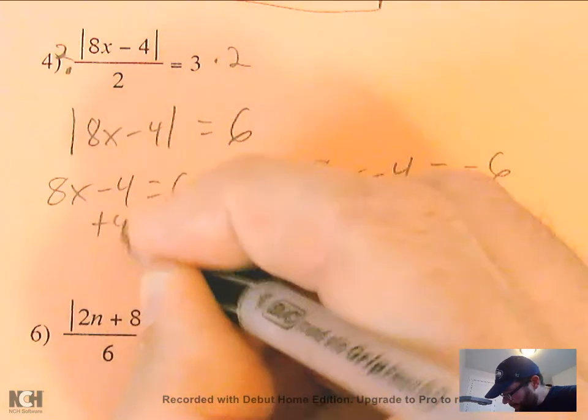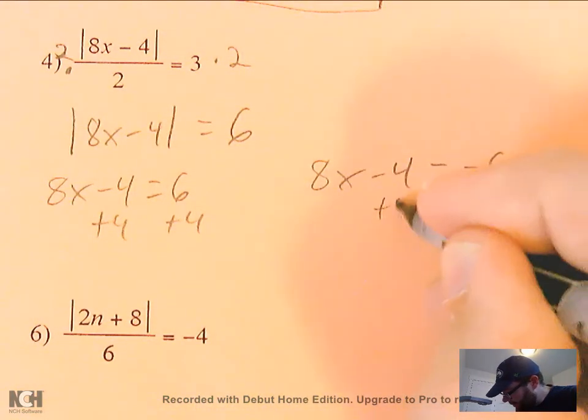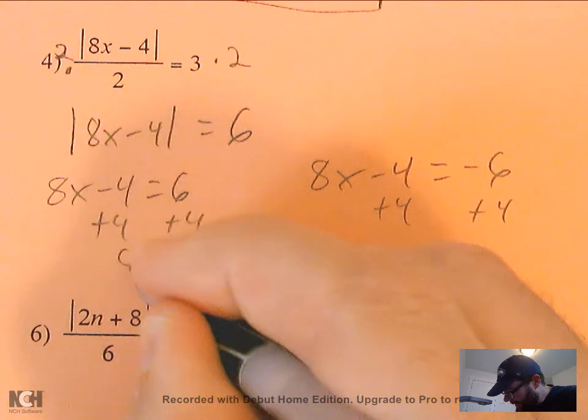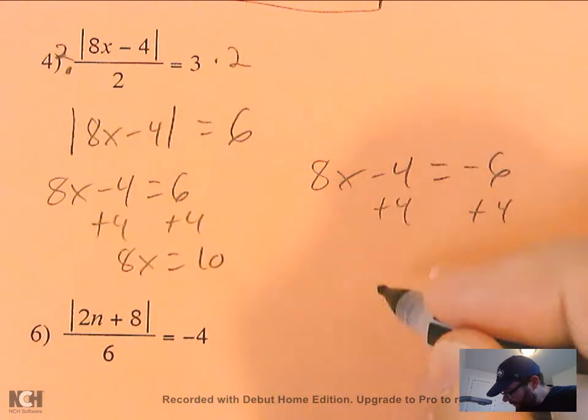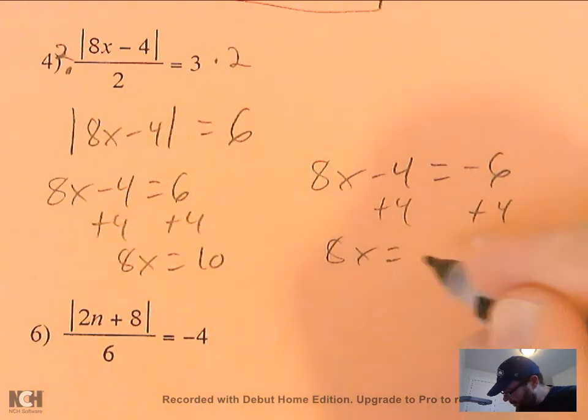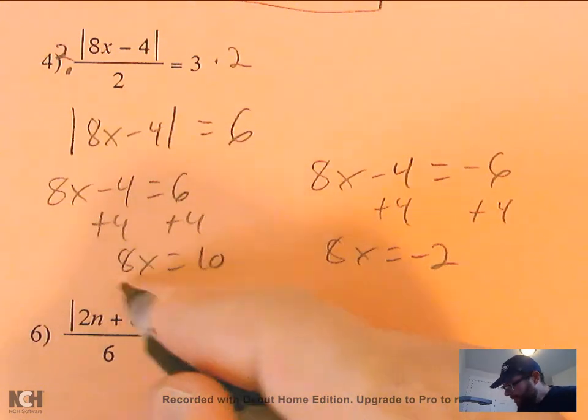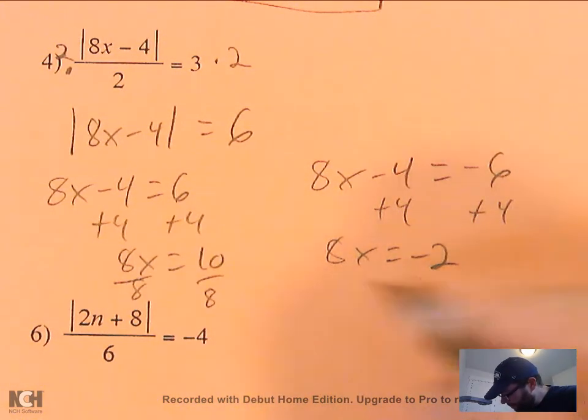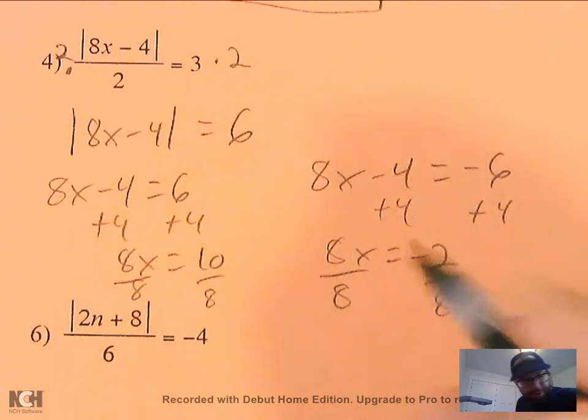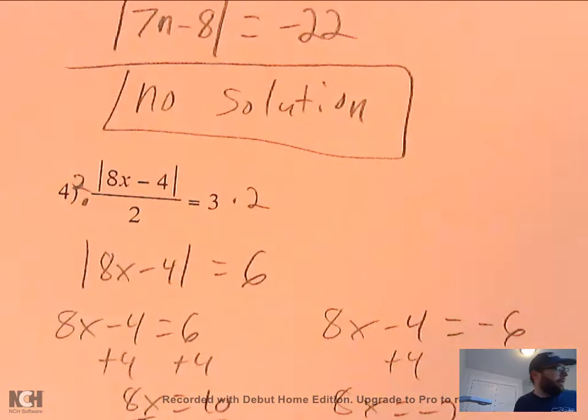So we're going to add 4 to both sides, which gives you 8x is equal to 10, and 8x is equal to negative 2. And then you would divide by 8, and they're both decimals, which you guys all love, getting decimals, right? And I have misplaced my calculator. There it is.